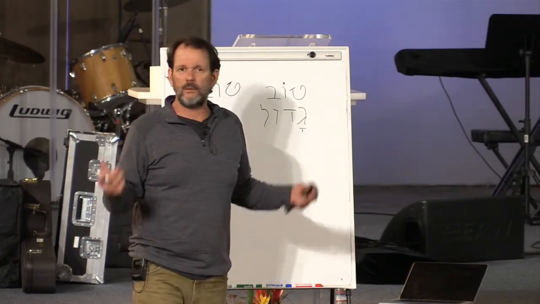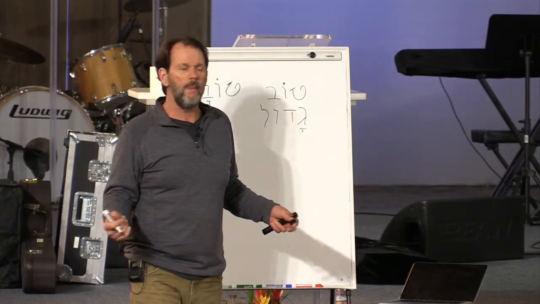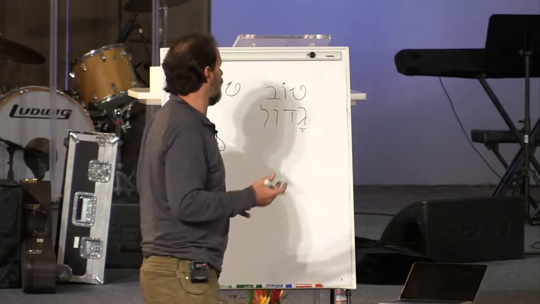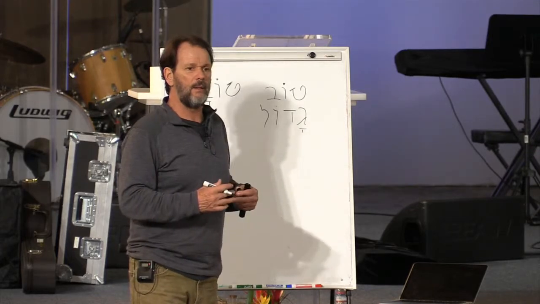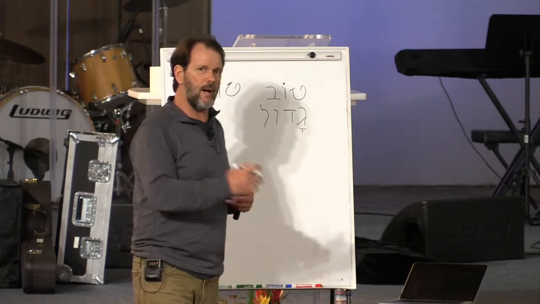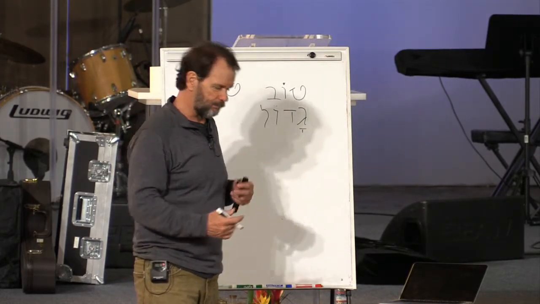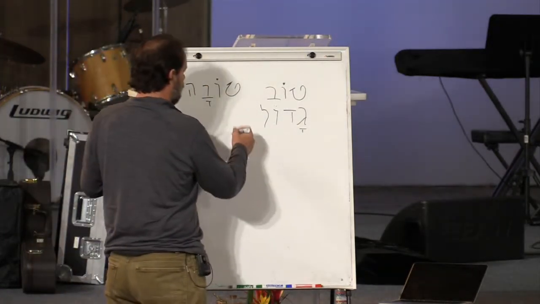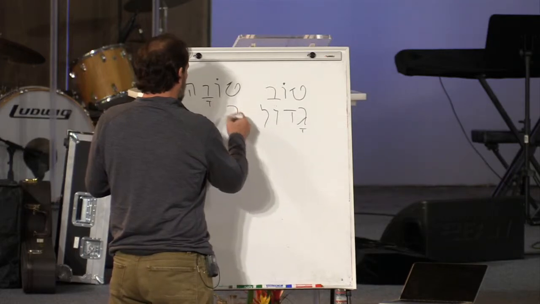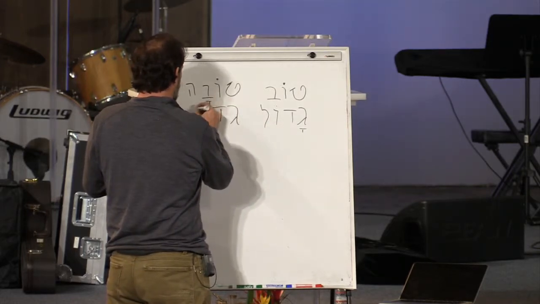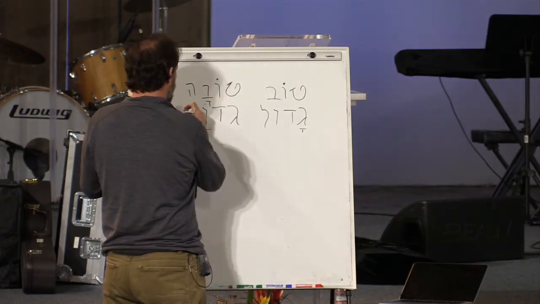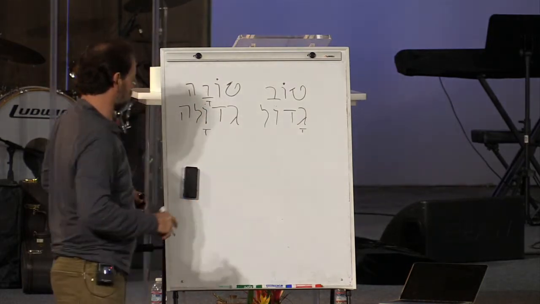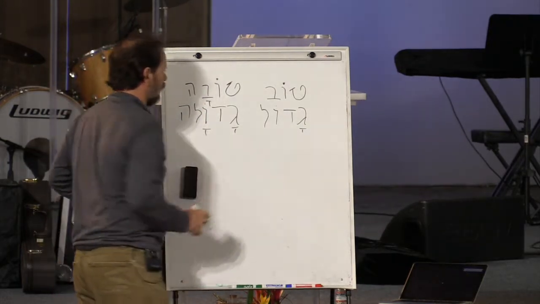But go ahead, just do it. And before long, you're going to understand that you'll probably run into the gametz more with a word than you will the pata. And so here it's spelled just like it sounds, and then gadola. All you're going to do is add the gametz and a hey. Okay? So gadola, right?